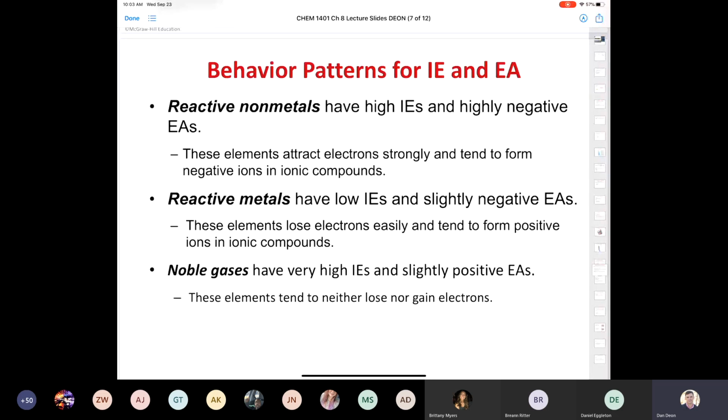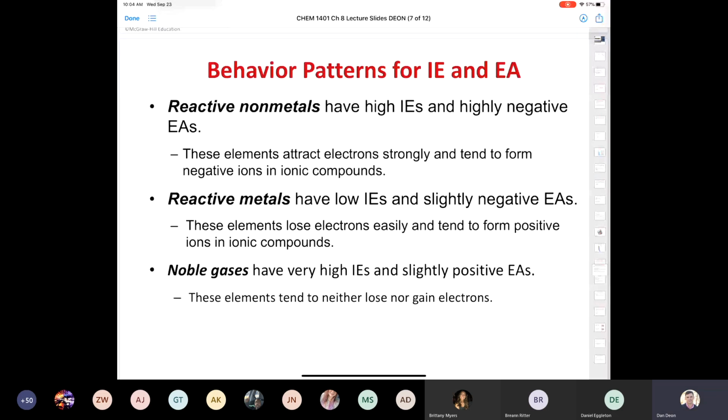They don't want to gain electrons as much as nonmetals. And so these elements tend to lose electrons easily and form cations, okay? Now, the noble gases have very high ionization energies and slightly positive electron affinities. The bottom line for noble gases is that they don't want to gain or lose electrons, okay?